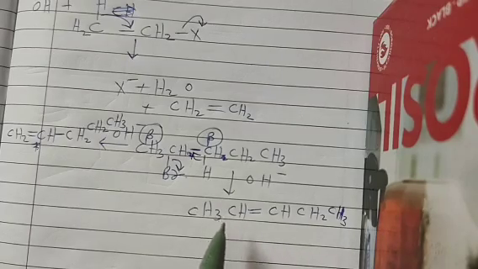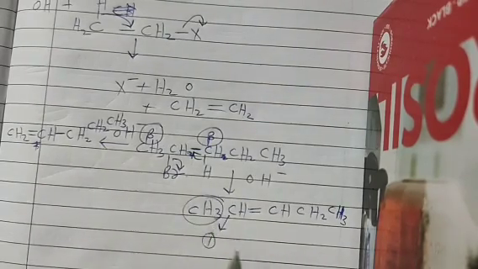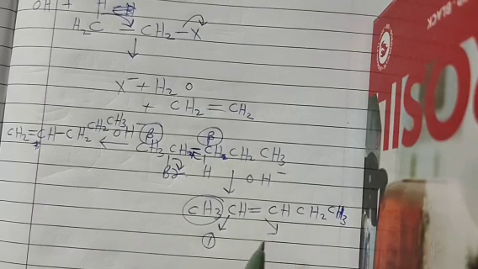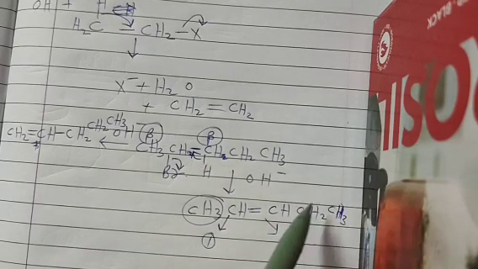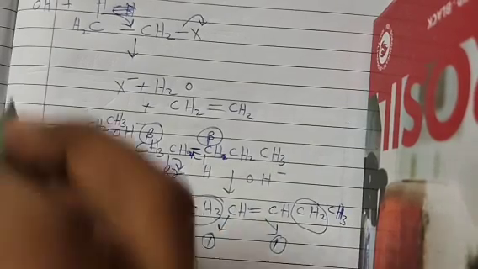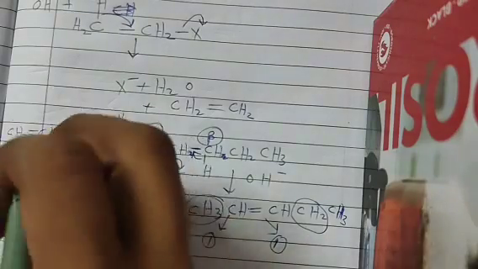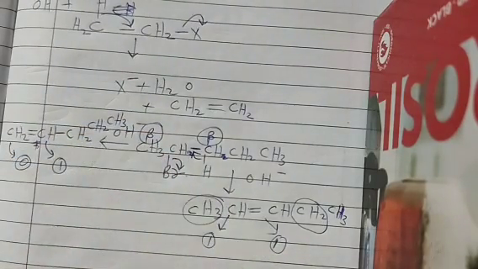Why? Since this carbon atom has one alkyl group attached to it, and this carbon atom also has one alkyl group attached to it, whereas if you observe here, this carbon atom has 0 alkyl groups attached to it, and this has one.